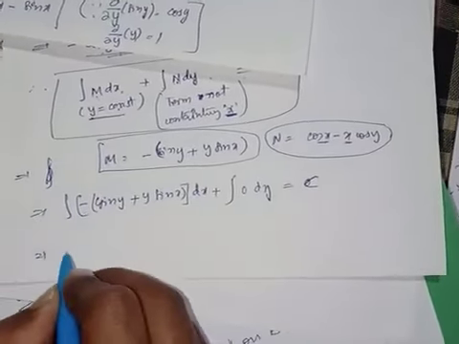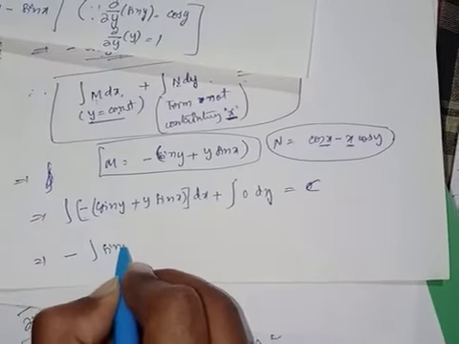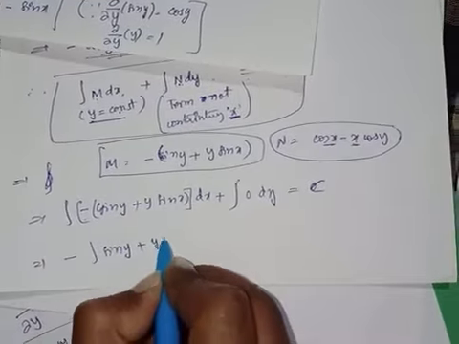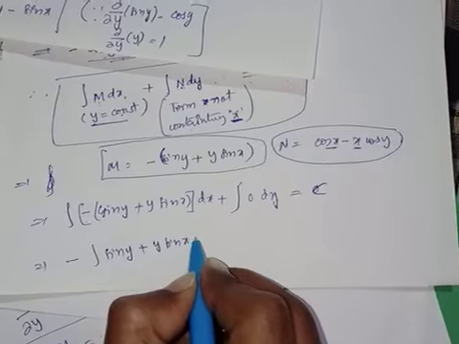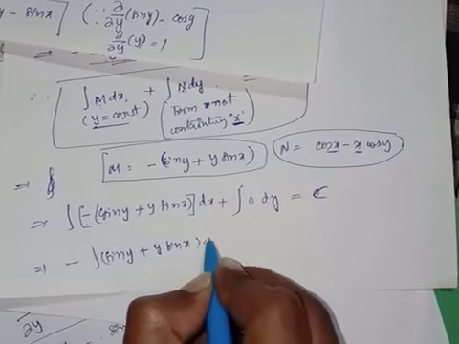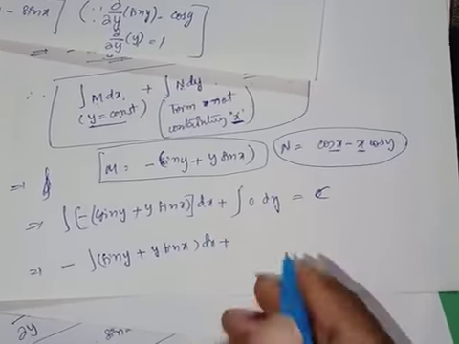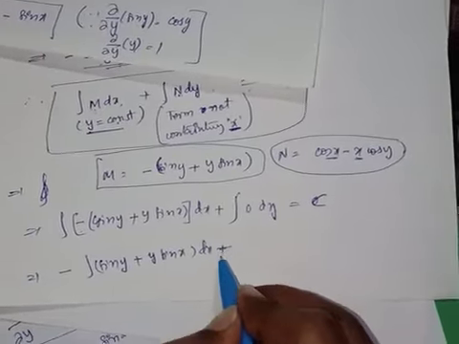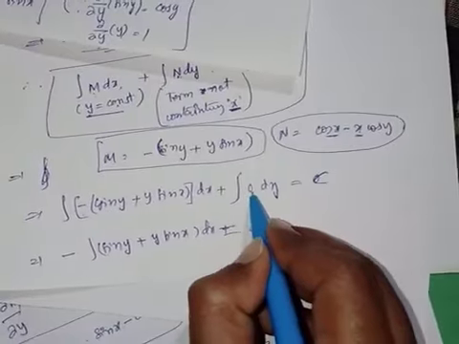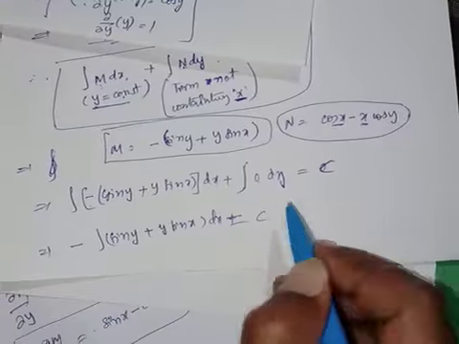That is equal to minus integral of sin y plus y sin x into dx plus 0, because integral of 0 is 0, so this is equal to c.